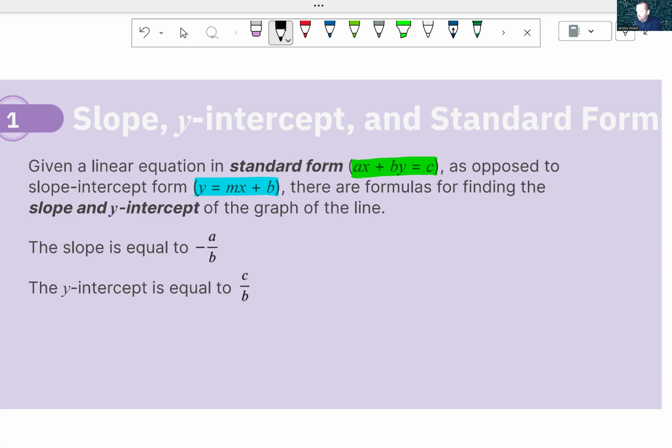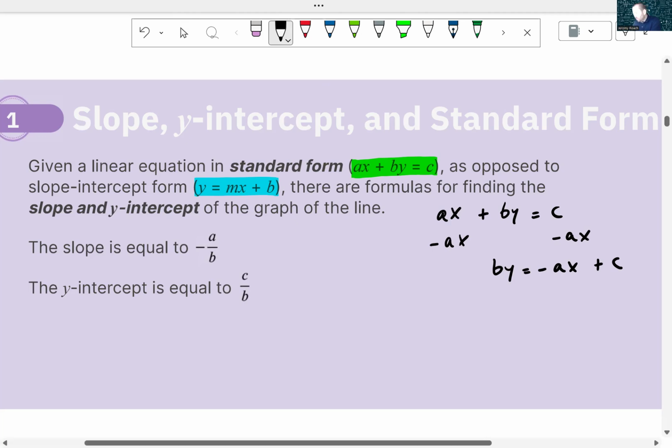So if we solve for what y is, for standard form, we have ax plus by equals c. We'd subtract ax from both sides, get by equals negative ax plus c. We don't know if b is 1 or if it's 5 or if it's 10, or if it's a fraction even.